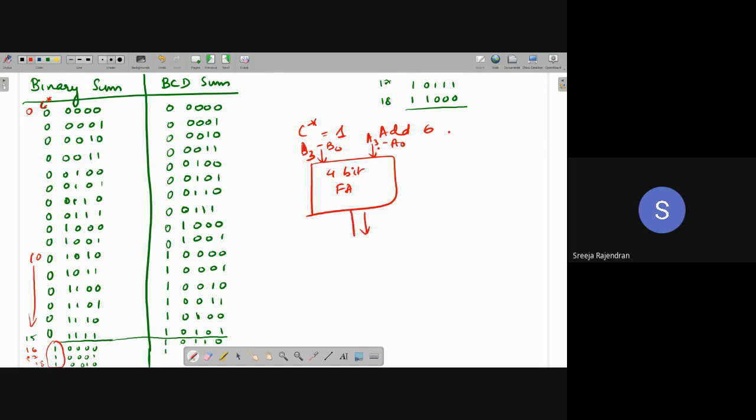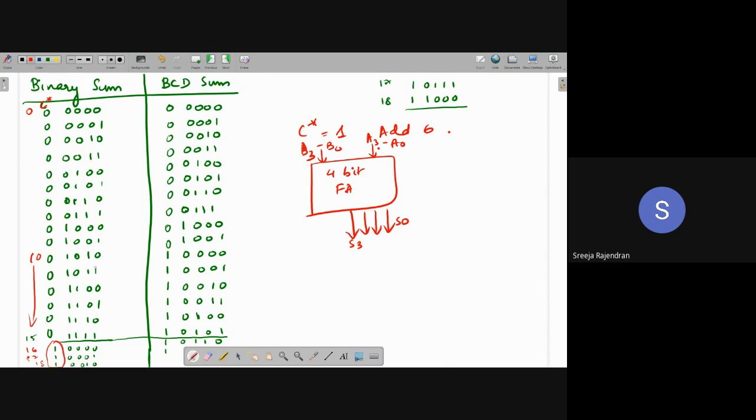I get some sum bits, 4 sum bits. I call them S0 to S3. Now I have to decide depending on the C star value, whether I have to add a 6 or not. If C star is 1, I have to add the 6. That is understood.